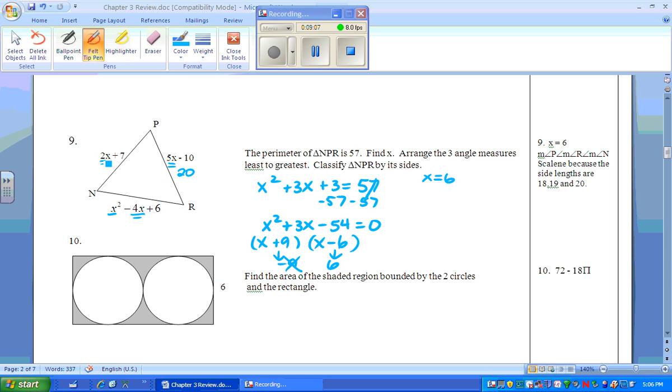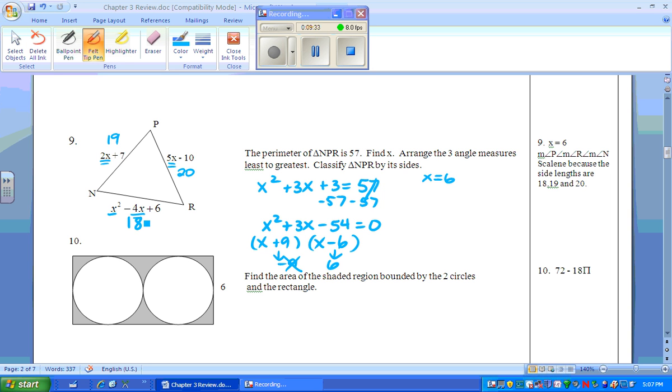I get 6 times 2 is 12, plus 7 is 19, and then 6 squared is 36, plus another 6, 42, and then I'm minusing 24, 42 minus 24, which makes this side 18.